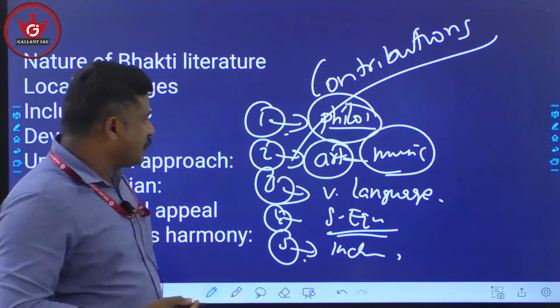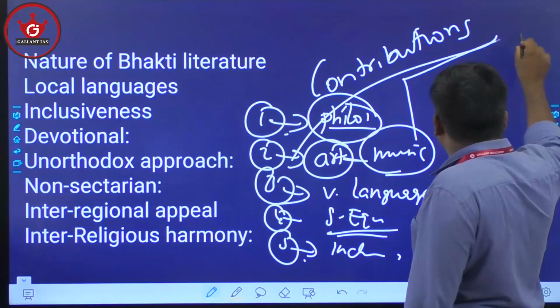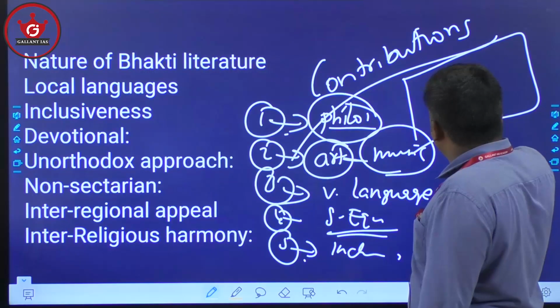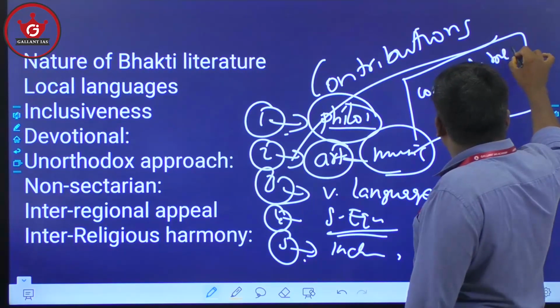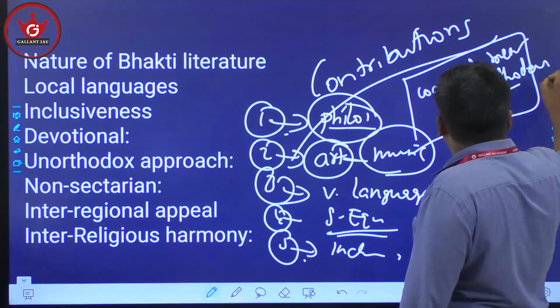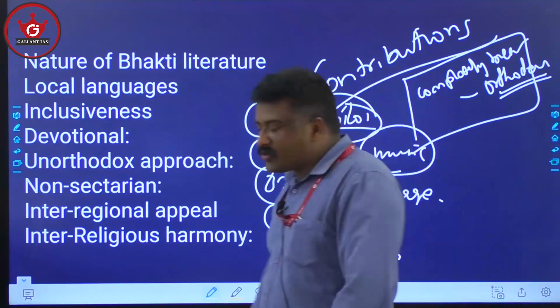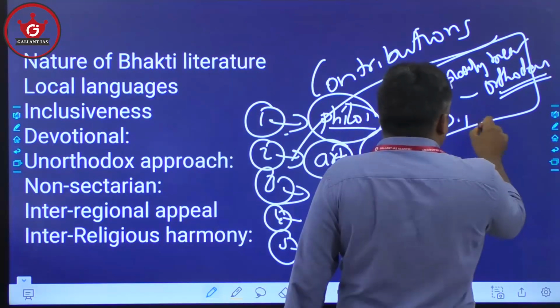When we say contributions, it has some minus points also. For example, let us say it did not completely break down from orthodoxy, or that these were mostly devotional in nature.